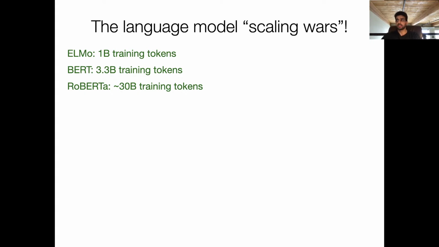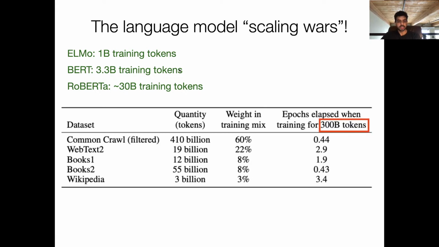They only report the size in gigabytes, but it was probably around 30 billion training tokens. And if we look at the data set in this paper, they train their model for 300 billion total tokens, but their actual data set, the majority of which comes from the Common Crawl, is maybe about 500 billion tokens.